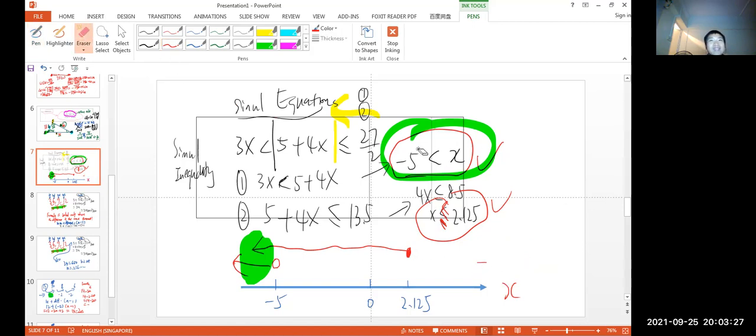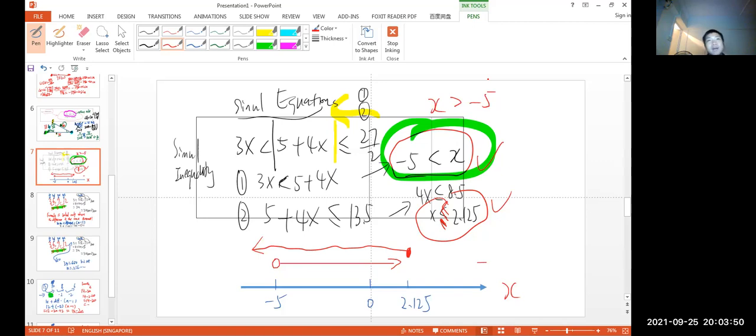I just realized this is x bigger than -5, so it should be the right-hand side.